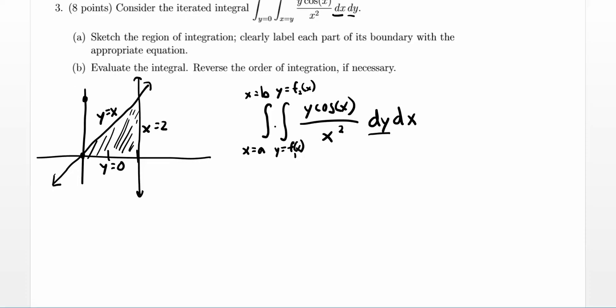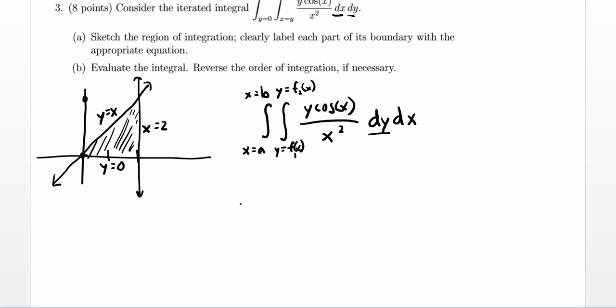So the section that bounds our region here is this. We're doing dy, so we're thinking about top and bottom, versus dx, where you're thinking about right and left. So top and bottom.